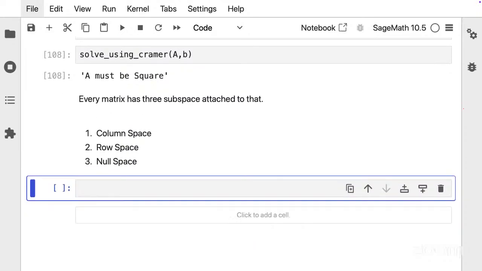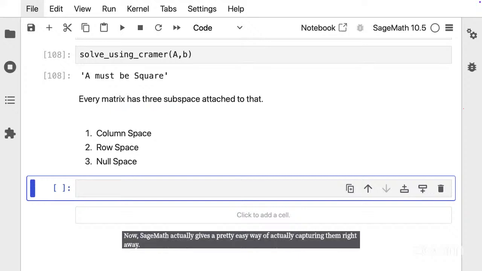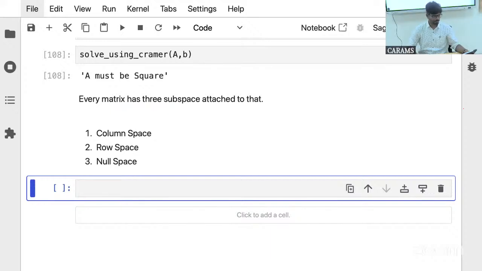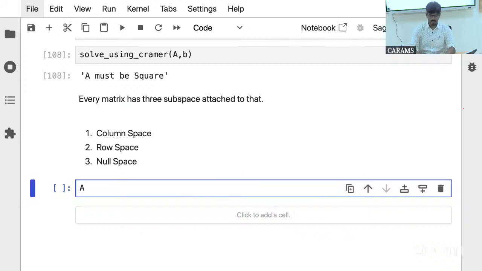Now, Sage Math actually gives a pretty easy way of capturing them right away. If I want the column space of A, then it's simply A dot column space.